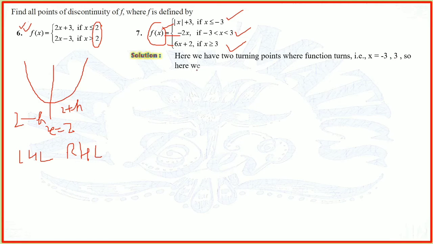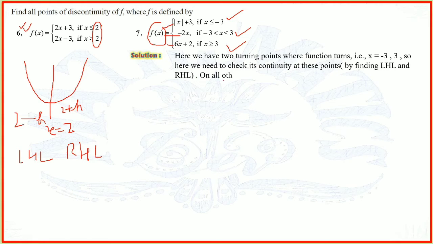So here we need to check its continuity at these points. It means we have to check its continuity at both points, that is x is equal to -3 and +3, by finding the left hand limit and right hand limit.